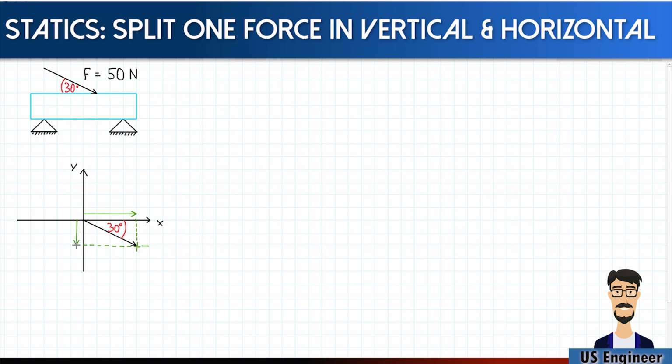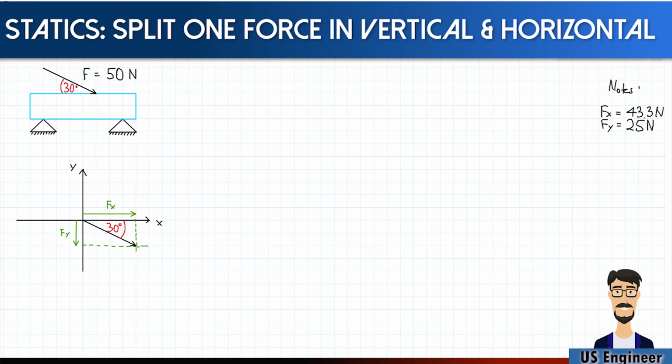So I'm going to label them as F sub x to indicate that this is the x component of the force, and this is the y component of the force. Once again, the length of each force component is determined by the distance along the dashed line in the respective direction between the axis line and the tip of the original force vector.